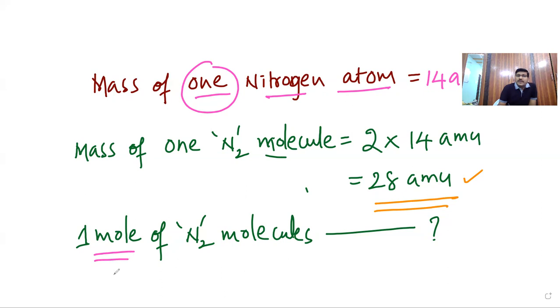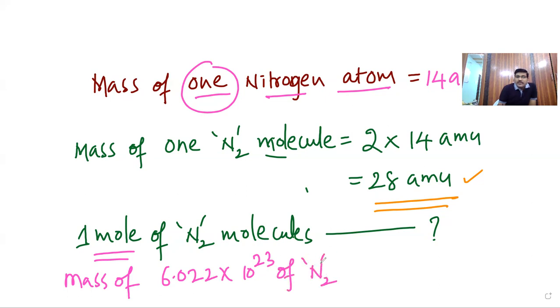Avogadro number of quantities. That means the mass of 6.022 into 10 to the power of 23 quantities of N2 molecules is equal to how much?